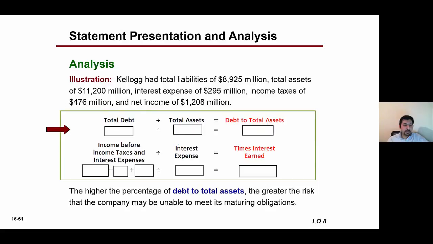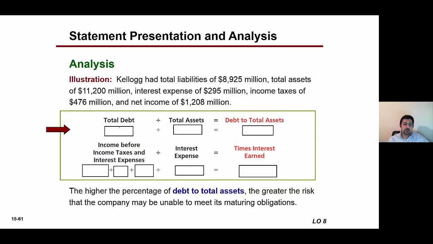How do we calculate that? Kellogg had total liabilities of 8,925 million, total assets of 11,200 million, interest and expense, income taxes, etc. Now, the debt to assets ratio is simply where we divide total debt by total assets.